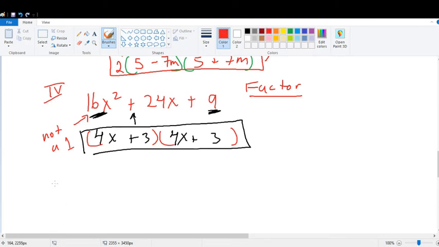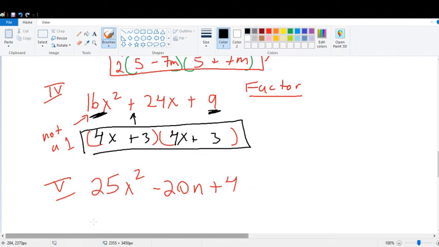Let's do a few more. Let's say I had 25x squared minus 20x plus 4. All right, so notice how this is not a 1, but that's perfect, and this is perfect.